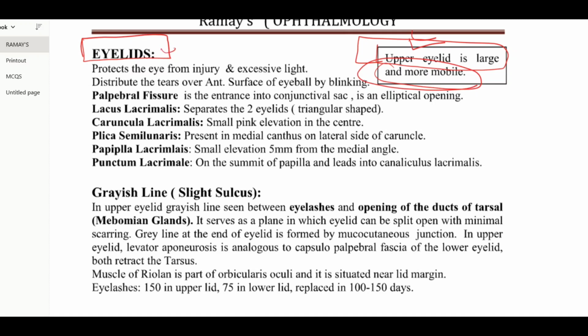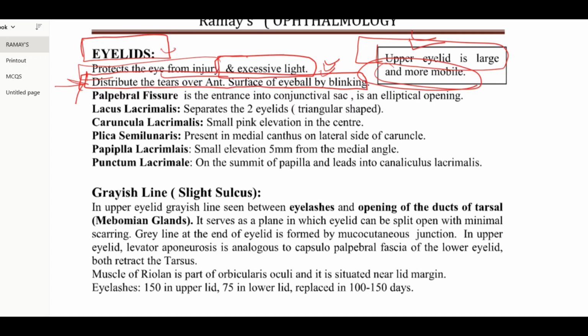It protects the eye from injury and from excessive light. The eyelids also distribute the tears over the anterior surface of the eye by the blinking mechanism. Whenever there is blinking, the eyelids come into action to distribute the tears over the anterior surface.